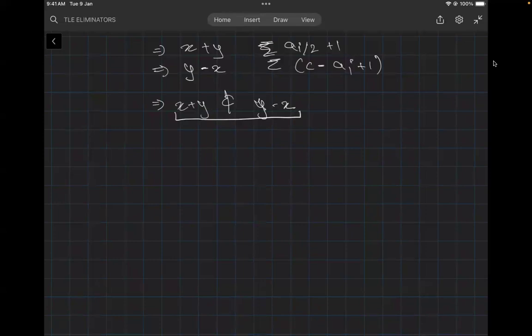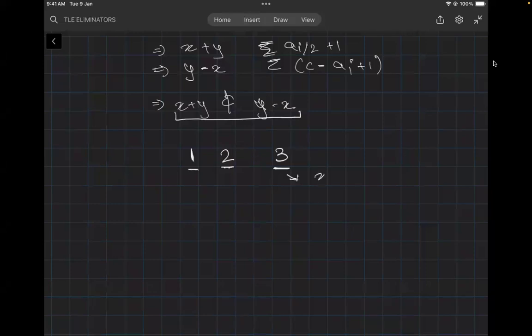Now, the thing is, the array is given in sorted order. So we know 1, 2, and 3. For every element as I'm going ahead, what am I going to count?